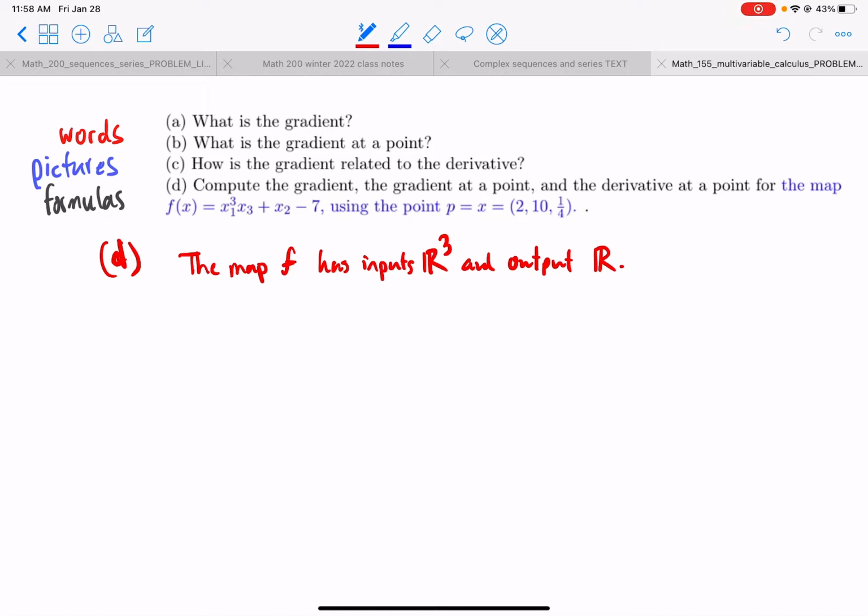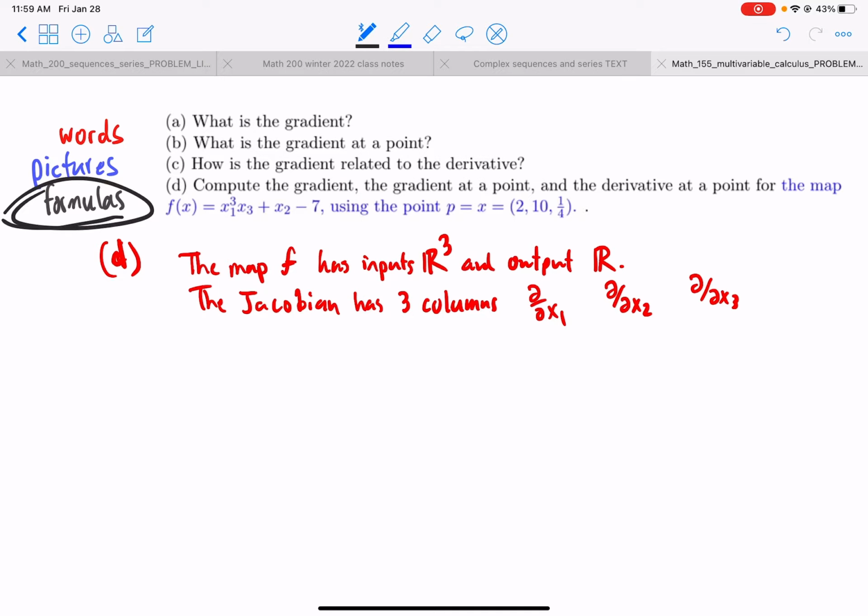Okay, so then the Jacobian has 3 columns for partial x1, partial x2, partial x3. And so let's look at what they are. I'm going to switch to my formula color now.